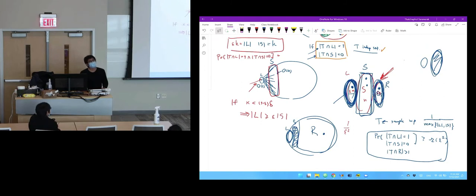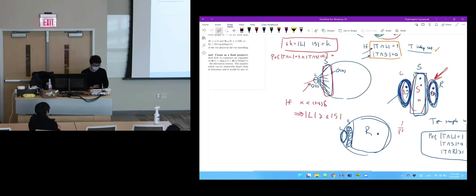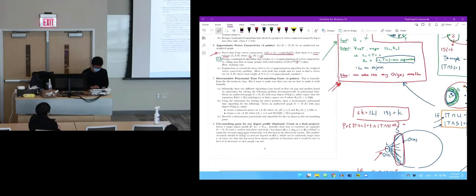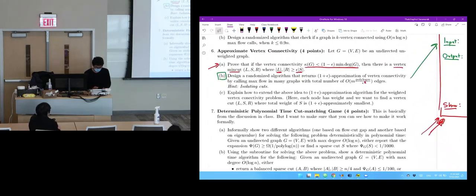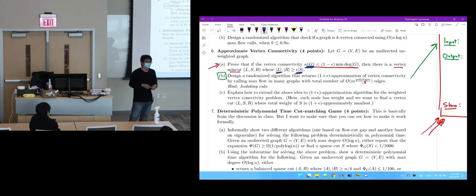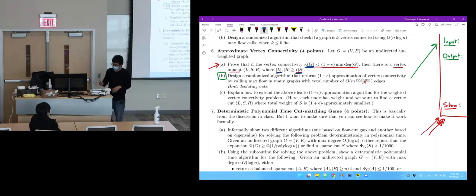Where does the approximation come from? It comes from the fact that we can guarantee that L is at least epsilon S when you know that the min cut is less than 1 minus epsilon times the min degree. So if the min cut is very close to the min degree, then you can just return the min degree.